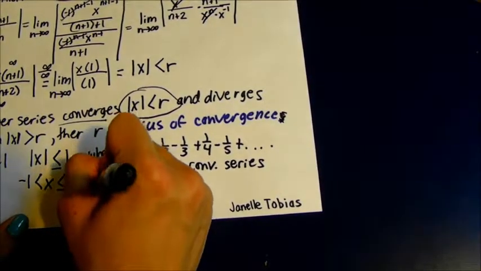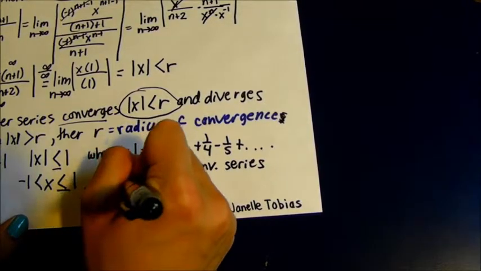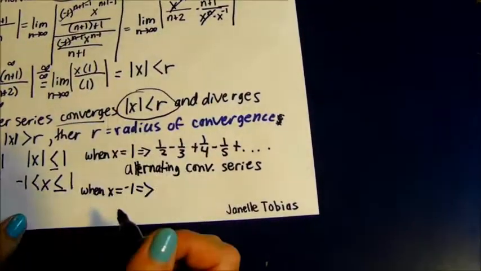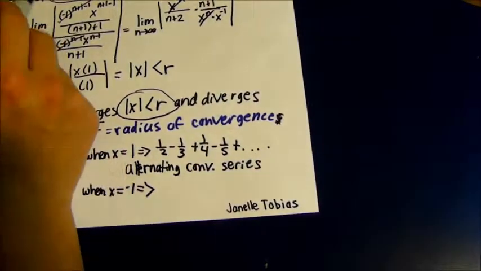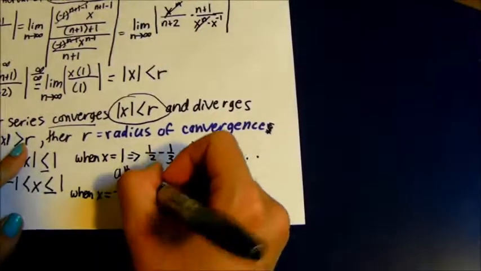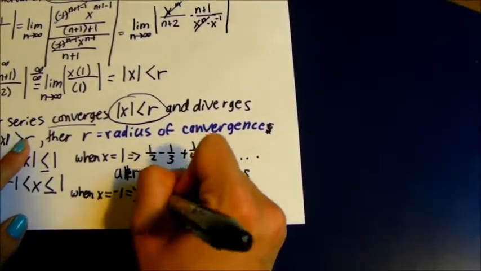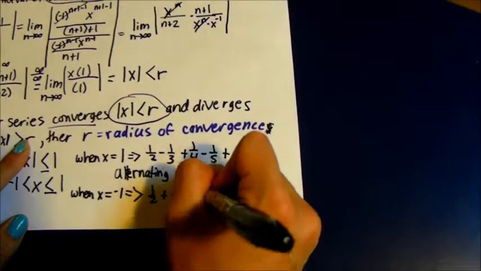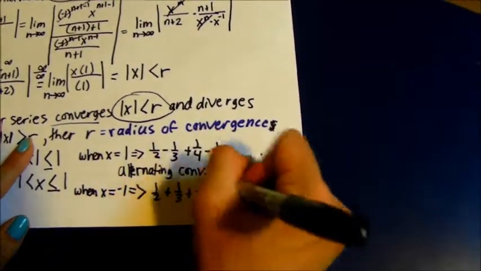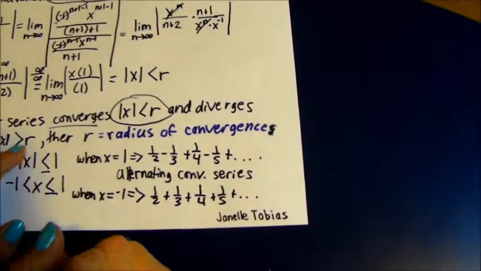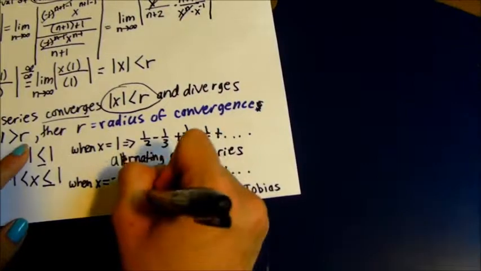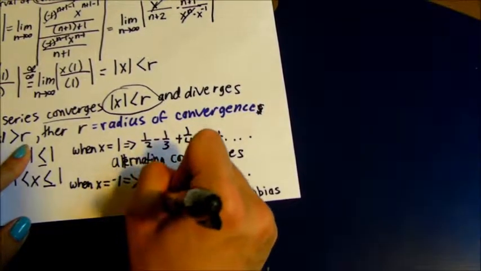So now we want to check when x is equal to -1. By plugging in -1 for x and then using n equals 1 and then 2 and 3, I get the series 1/2 plus 1/3 plus 1/4 plus 1/5, and so on and so forth, just by plugging in more n's. And this series actually diverges.